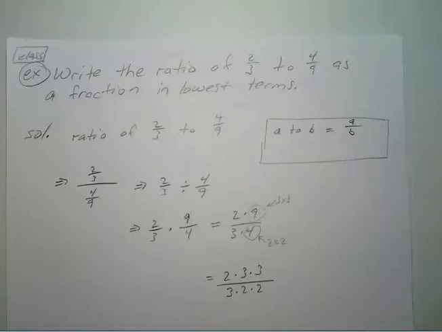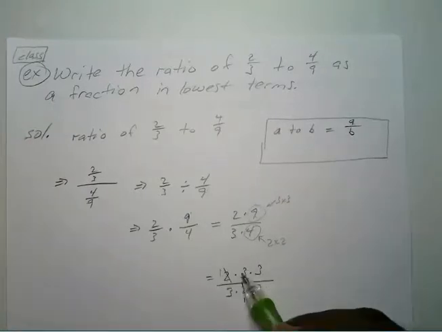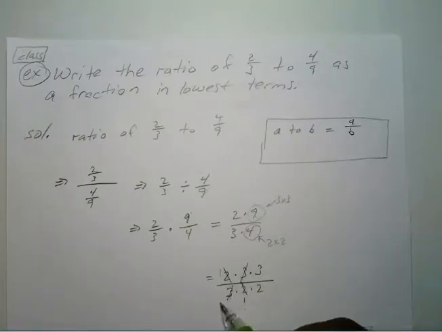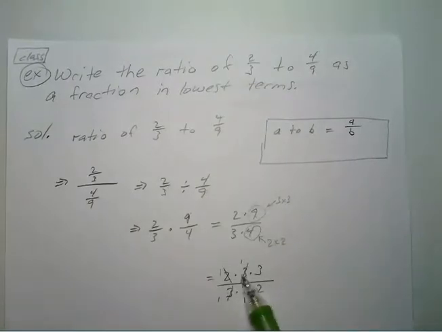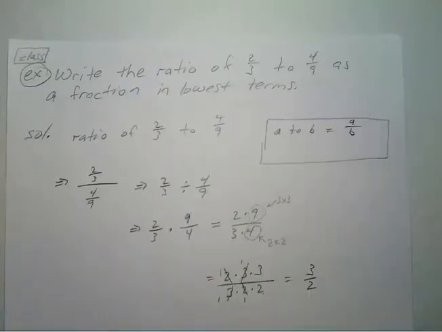Okay, and then we go ahead and we simplify. So this 2 up here and this 2 down here will cancel out. So anything divided by itself is just equal to 1. This 3 here and this 3 here cancel out, or it could be that 3 and that 3, doesn't matter. So you have both of those cancel out and become 1. So you have 1 times 1 times 3, which is 3, and 1 times 1 times 2, which is 2.